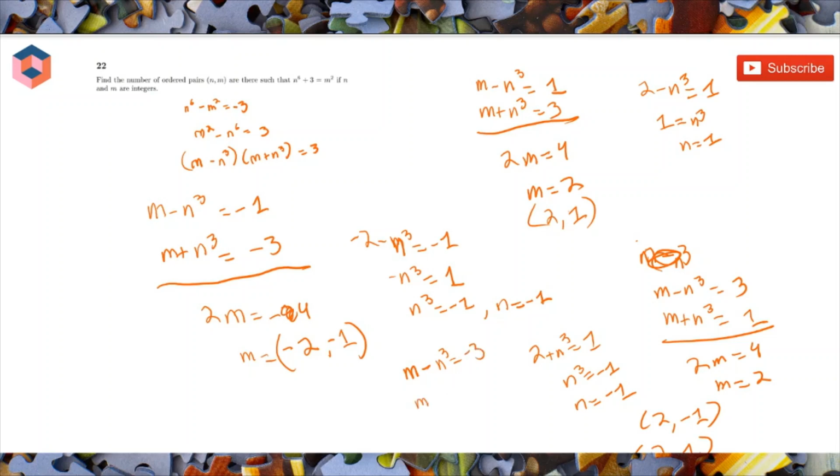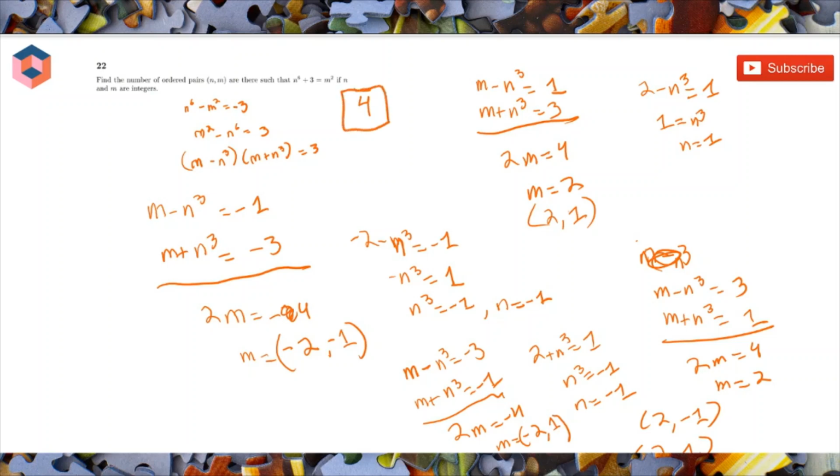Then m minus n cubed equals negative 1, since negative 3 times negative 1 equals 3. We have 2m equals negative 4, and just like we thought, m equals negative 2. Plugging it in, we would get n is equal to 1. So we got 4 answers.